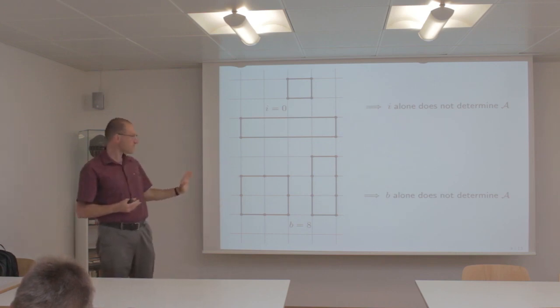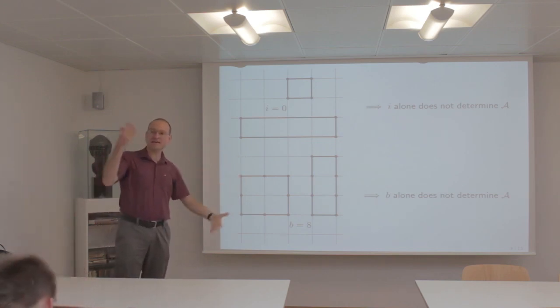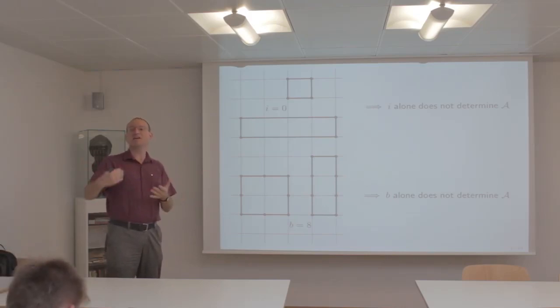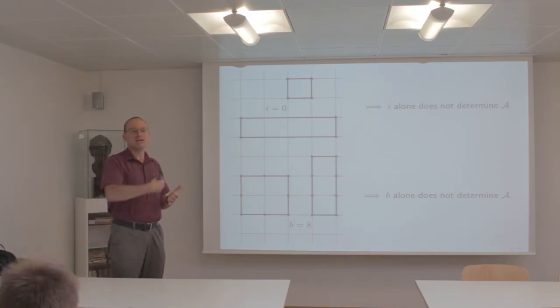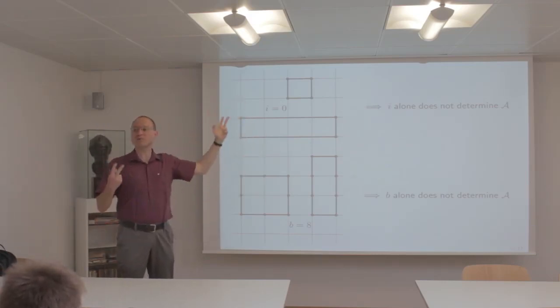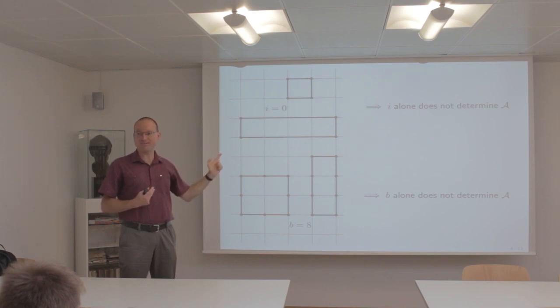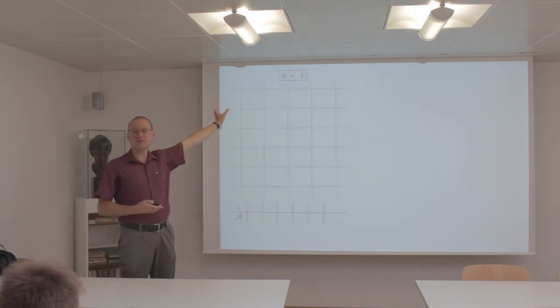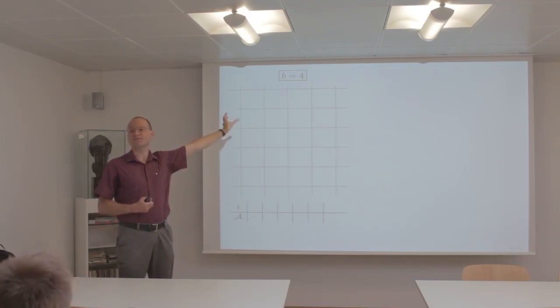So if there is a formula, it would have to involve both of these quantities. Okay, now we are starting to analyze how the area, if there is a relation, would depend on the parameters. Now it's difficult because the area has to depend on two parameters, on I and B. And what we do is we fix, for the time being, the value of B. Let's decide B is equal to 4.